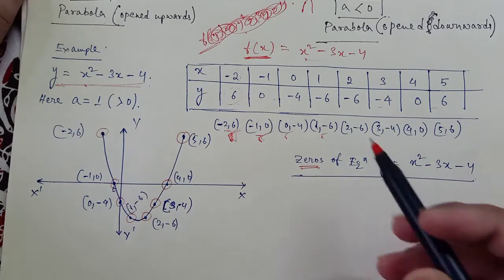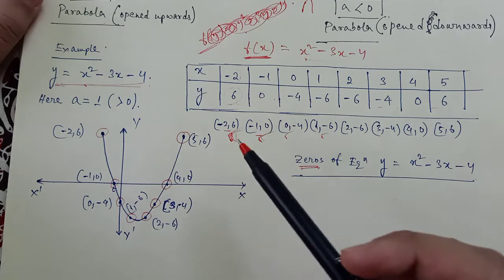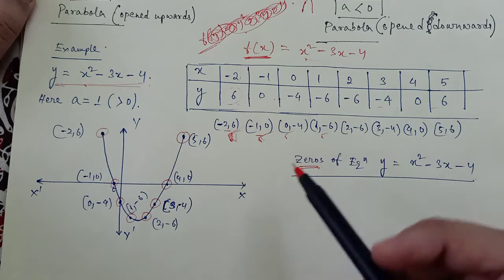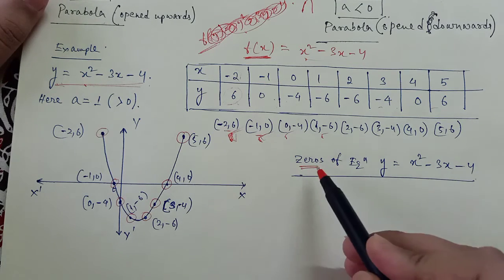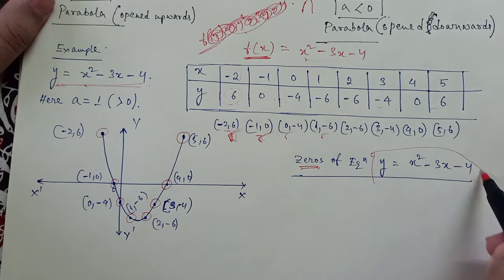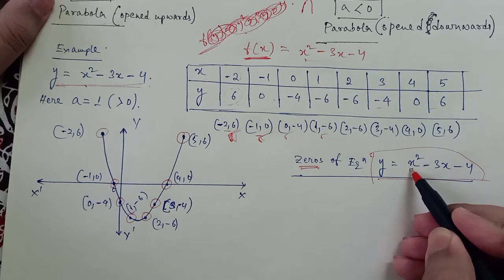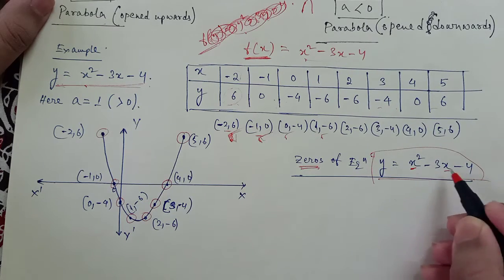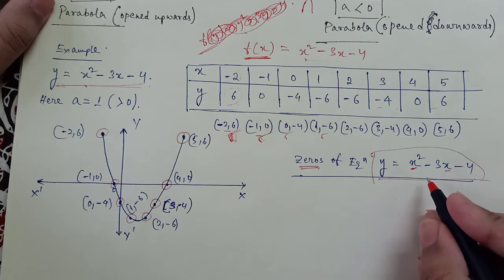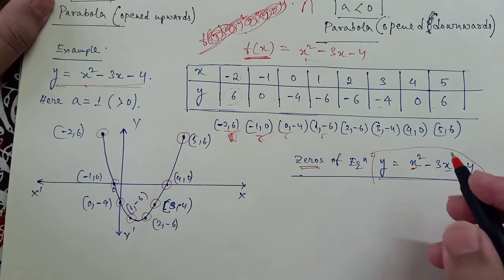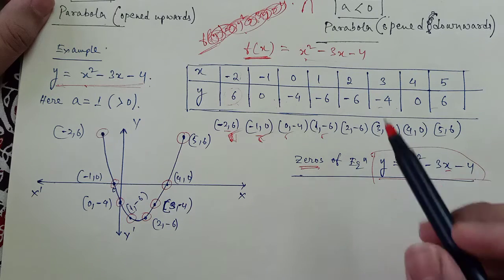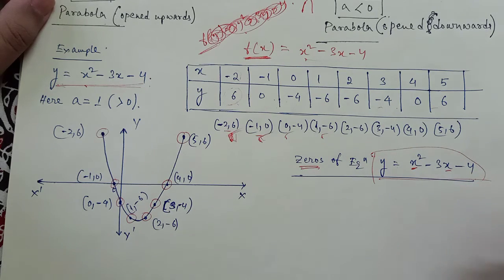Fine. So see, I am plotting this. Now my question is, from this graph can we find the zeros of this given equation? Yes, we can. We need the value of x for which this polynomial becomes 0. This will be nothing but the points where the curve cuts the x-axis.